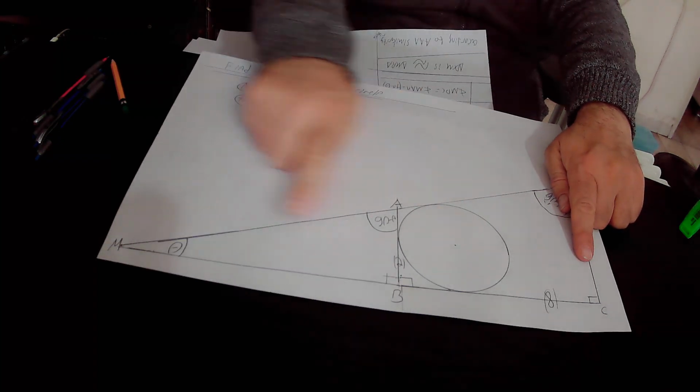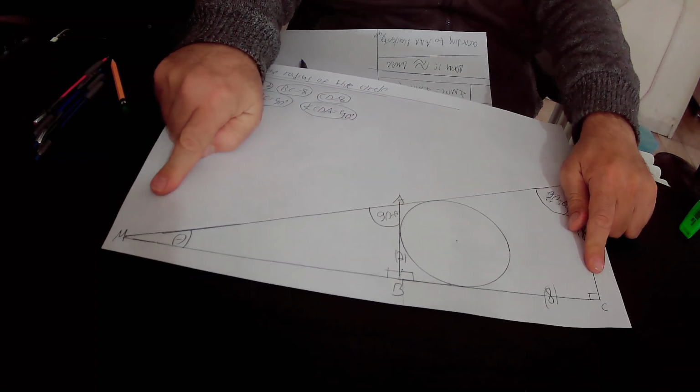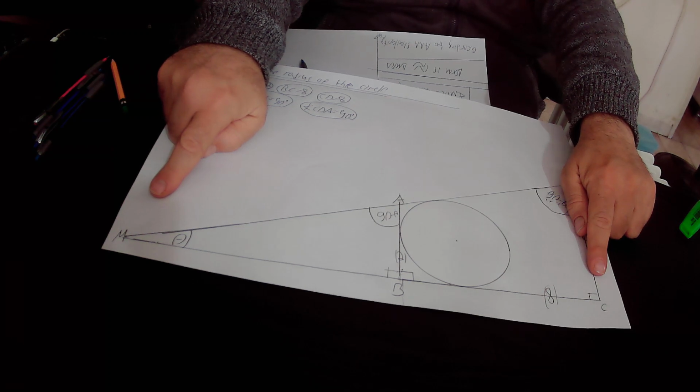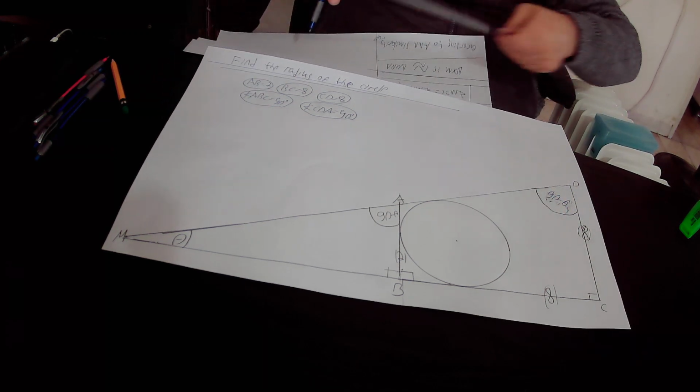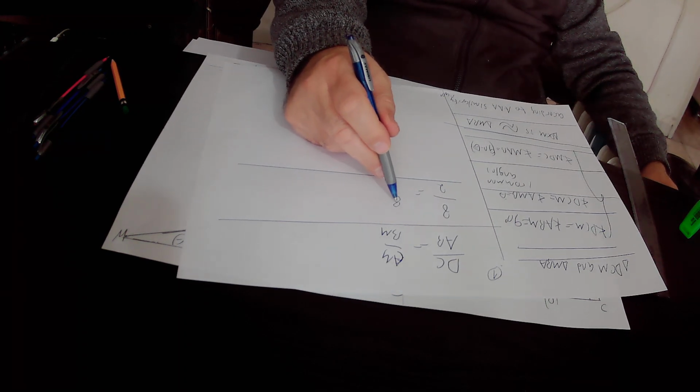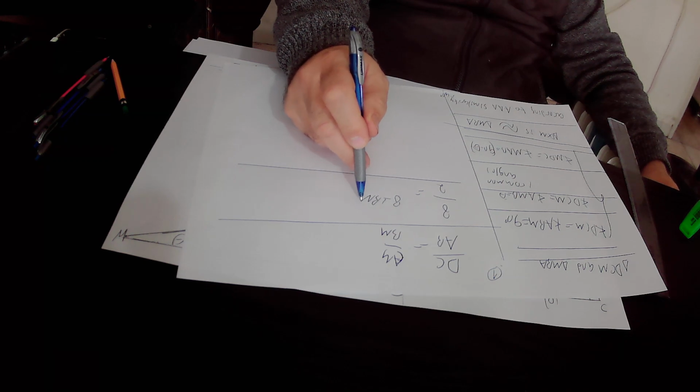CM, from the drawing it is very easy to see that CM equals CB plus BM. That is to say, CM equals CB, that is 8, plus BM. So in total CM equals 8 plus BM. So we substitute CM in this equation by 8 plus BM, and we have to divide it by BM.